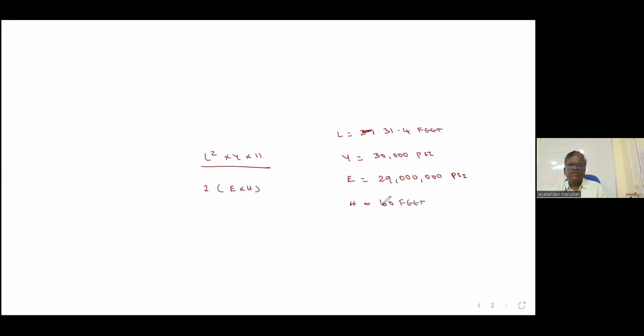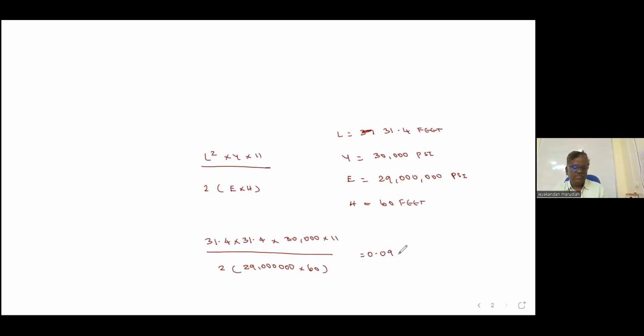Okay, we will apply the formula. L squared, 31.4 multiplied by 31.4, into yield strength 30,000, 11, divided by 2 into 29,000,000 into H 60. This is the way you have to work it out. So you are getting 0.09. Okay.